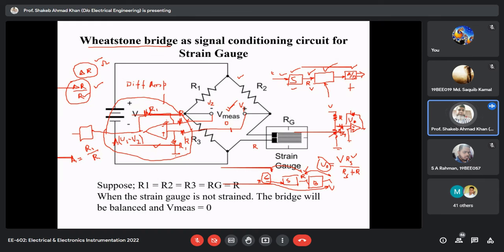If you are having a passive sensor like a resistive, capacitive or inductive sensor, it is highly likely that you are required to convert the change in resistance, inductance or capacitance into voltage. So this particular circuit is a converter circuit for a resistive sensor, your Wheatstone bridge. So this is doing one.